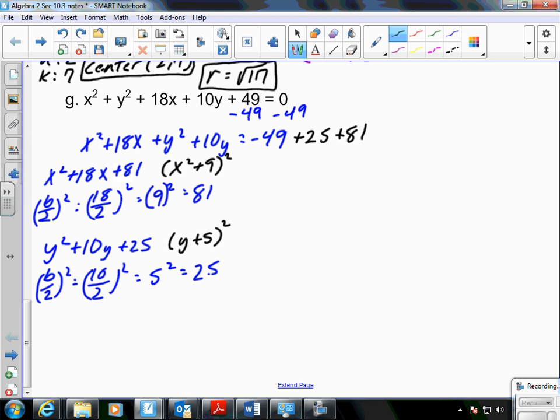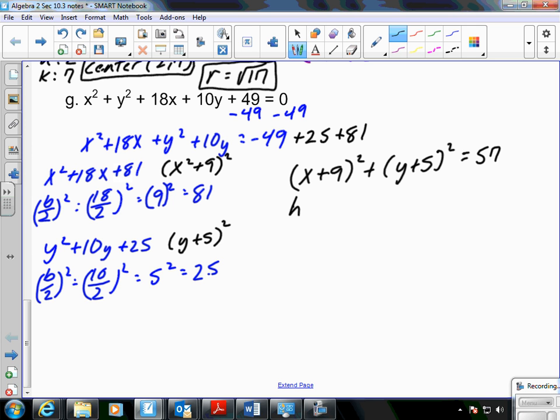So my equation is going to be x plus 9 squared plus y plus 5 squared equals, and what I get when I add negative 49 plus 25 would be negative 24, and negative 24 plus 81 would be 57. So I got x plus 9 squared plus y plus 5 squared equals 57.